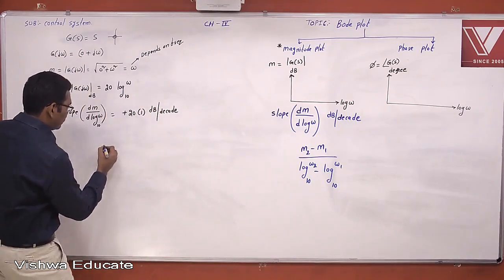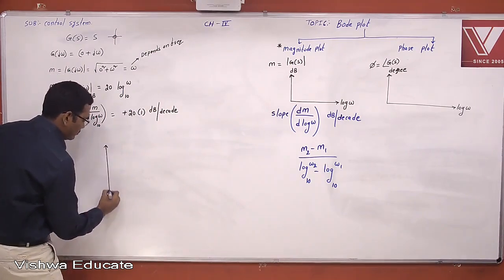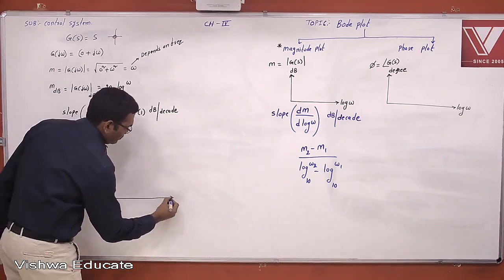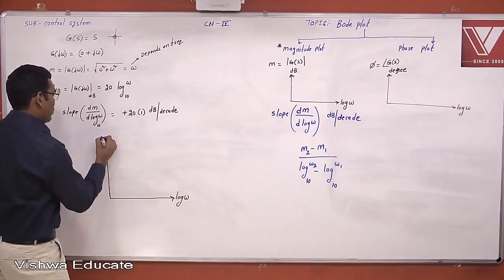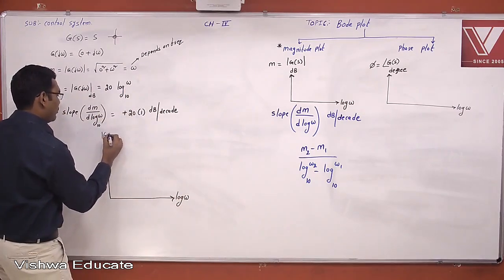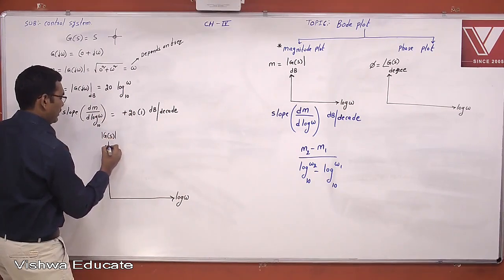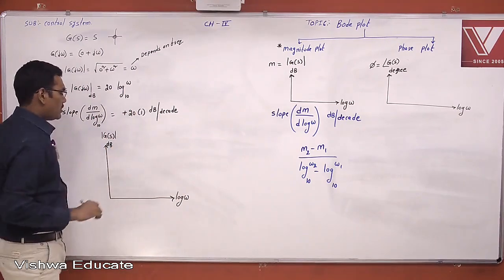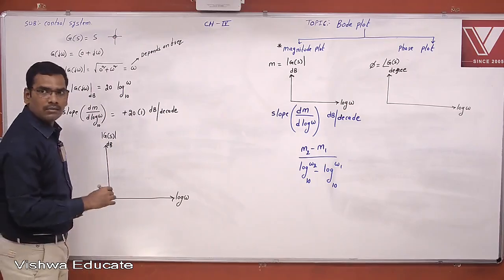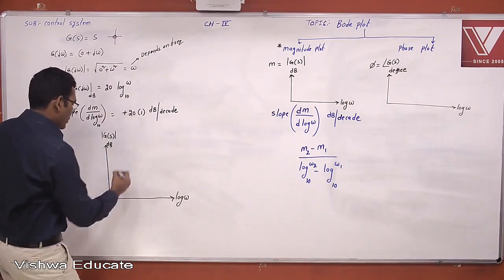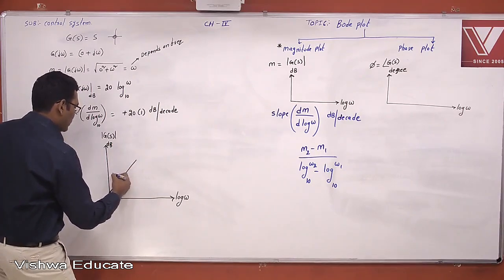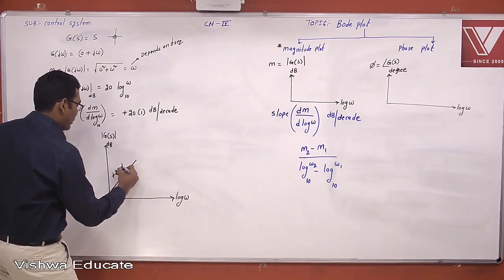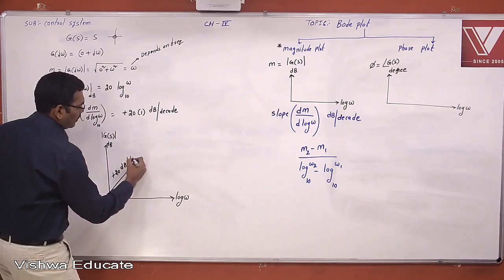Now this is the logarithmic frequency. Now this is the Bode magnitude plot in terms of dB. This is the positive slope or a rising slope. This positive slope is nothing but plus 20 dB per decade. Clear or not?